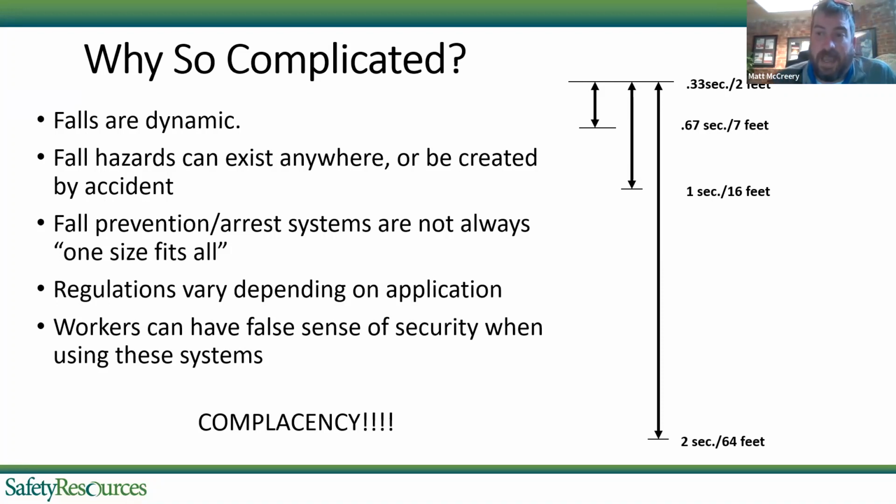So because falls are so complicated, one fall protection solution may not be your best option for another. So when we're looking at steep slope, we have to look at number one, where we're tying off and how we're doing that. Number two, chicken or the egg, first man up rule. How do we as a company view that?